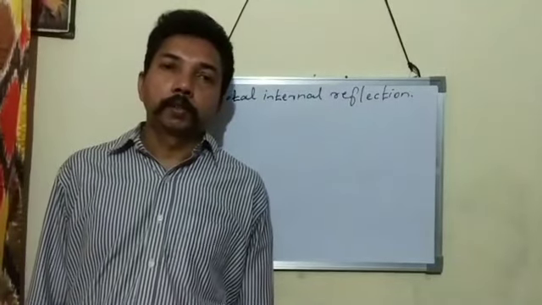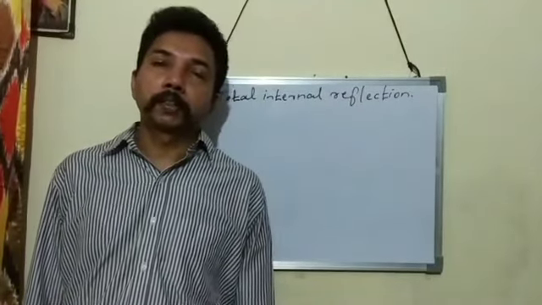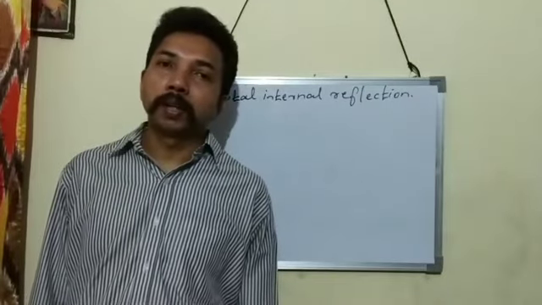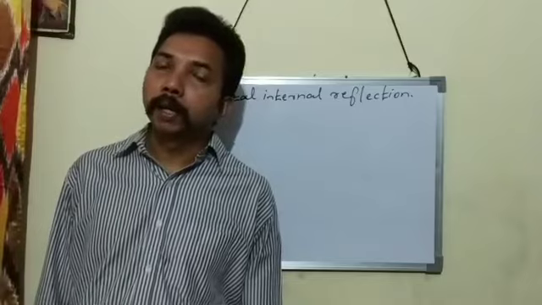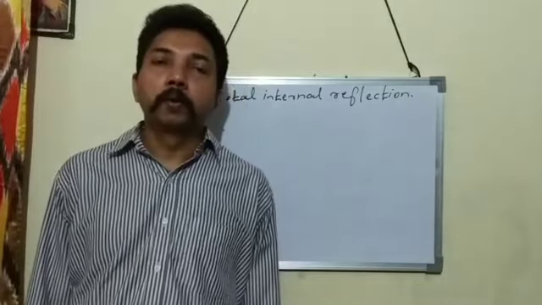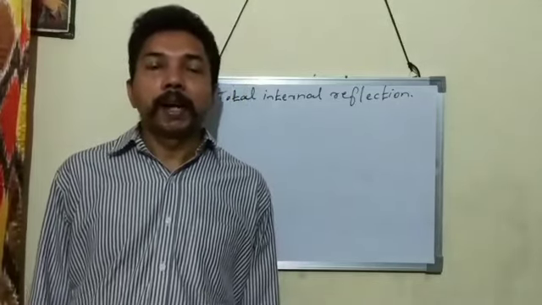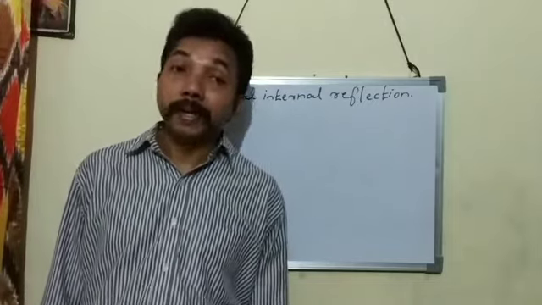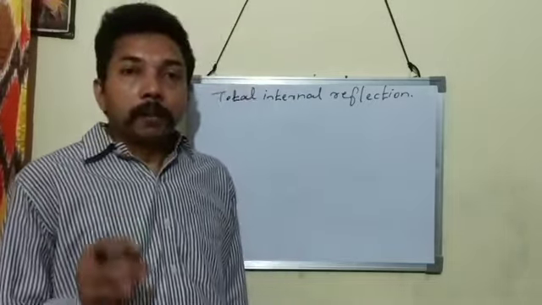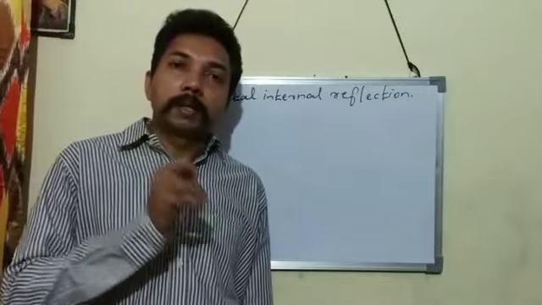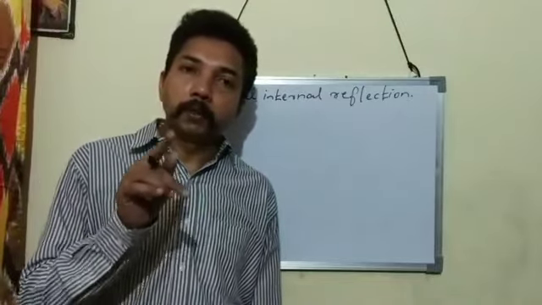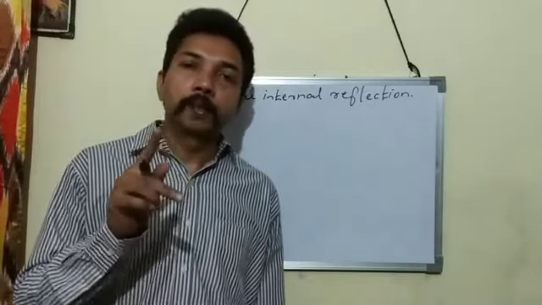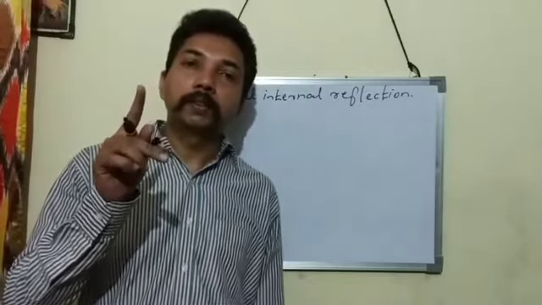Now, the next topic is total internal reflection of light. As I said, when light goes from denser to rarer medium, the refracted ray moves away from the normal, and at a certain angle of incidence, the angle of refraction becomes 90 degrees. So for glass air interface, suppose the critical angle is 42 degrees, meaning when the angle of incidence in glass is 42 degrees, the angle of refraction is 90 degrees.